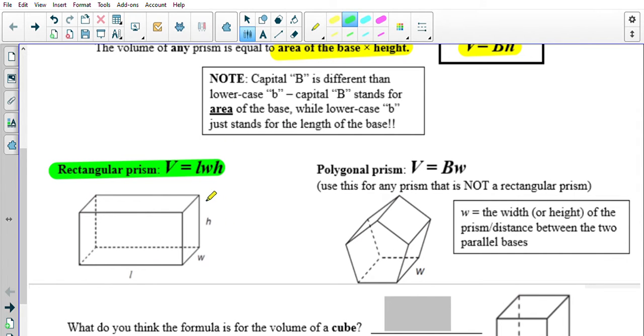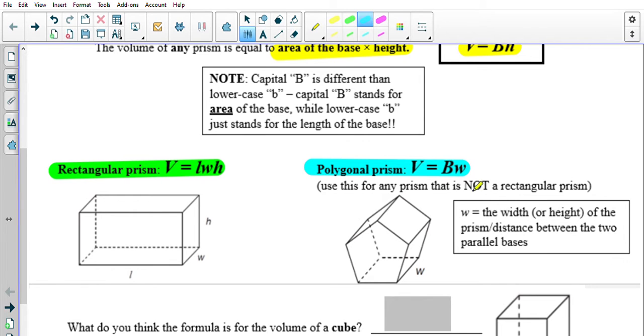Now on your formula sheet, you'll also see this picture. For a polygonal prism, we use the formula capital V equals capital B times W, the area of the base times the width. So on the formula sheet, PSSA decided to use W instead of H, W representing the width of the prism. We can also call it the height of the prism.